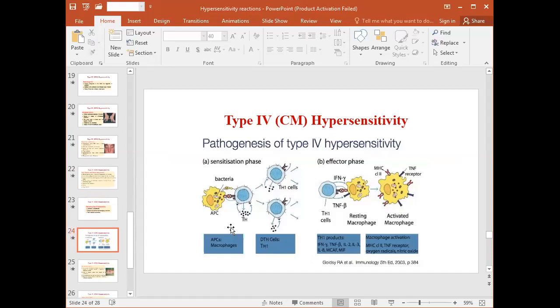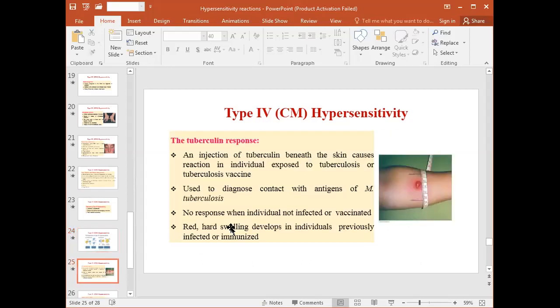So they activate the macrophages, which then release the antigen. This is the mechanism of pathogenesis of type 4 hypersensitivity.